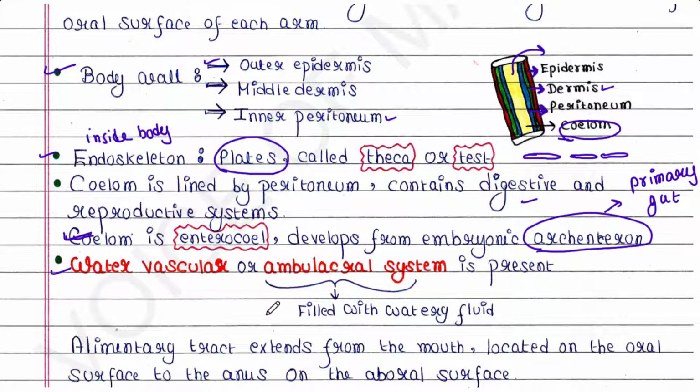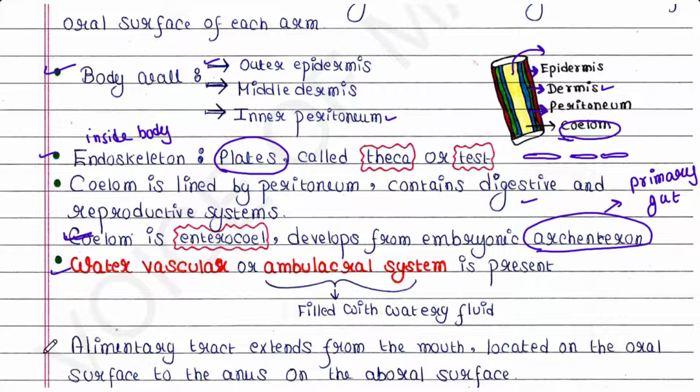Water vascular system or ambulacral system is present, and that vascular system is filled with watery fluid. This special type of system or watery system is present in their body.